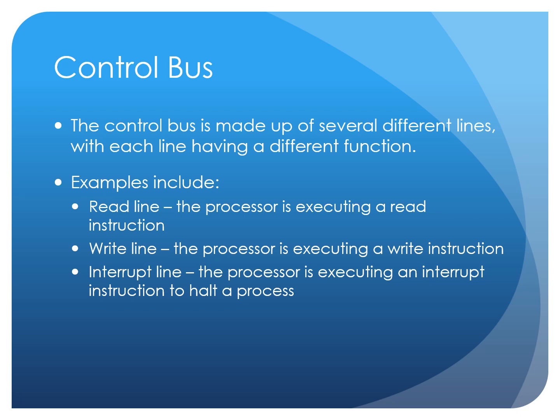If the read line is executed, then the processor is executing a read instruction, which means that it is reading information from a memory location to the processor. If the write line is executed, that means the processor is executing a write instruction, which means that data is being passed from the processor to a memory location.